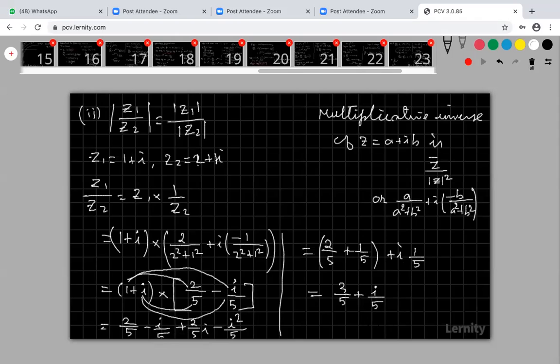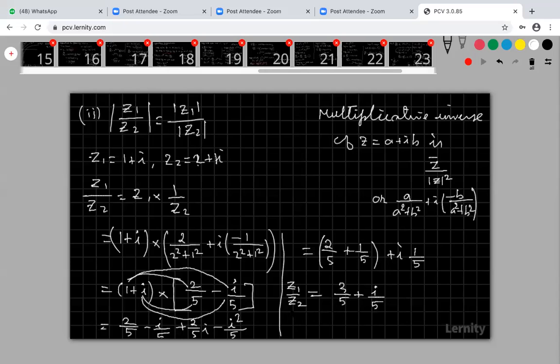So this is nothing but my z1 by z2, division of two complex numbers. Finding the multiplicative inverse of z2 and multiplying with z1, that is a division of two complex numbers.